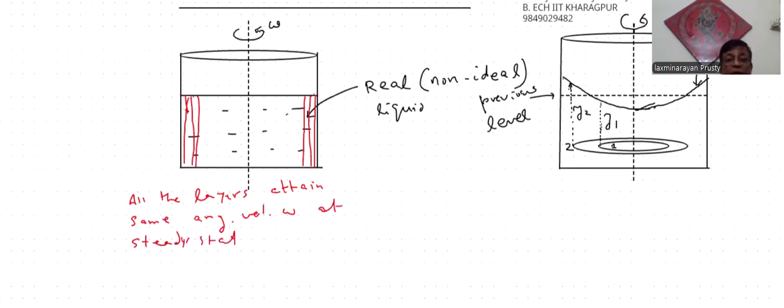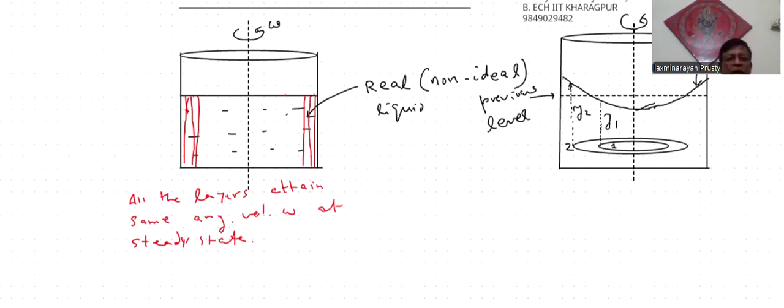Okay, this is only for a non-ideal liquid. An ideal liquid will not be affected at all by the rotation of the container. Now, if the liquid layers rotate, then this flat, horizontal surface will not remain flat. Why?